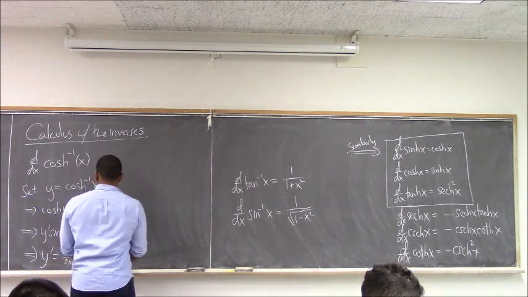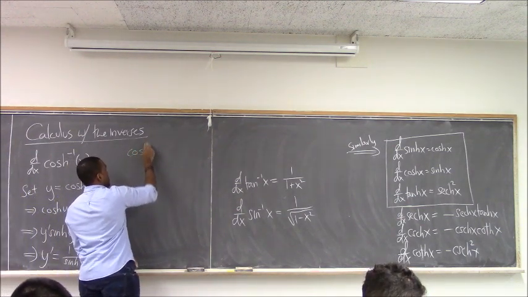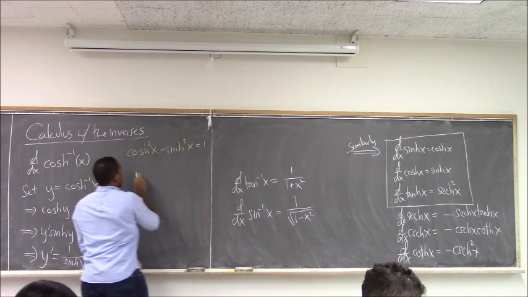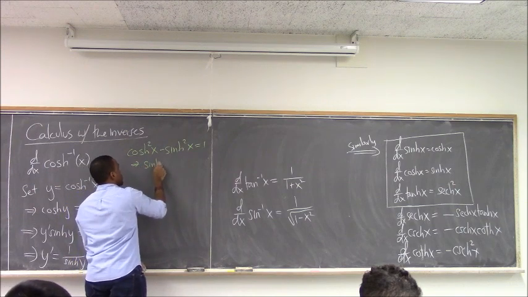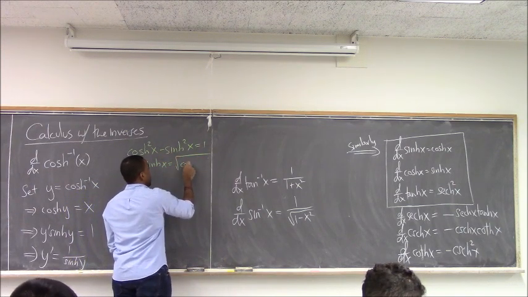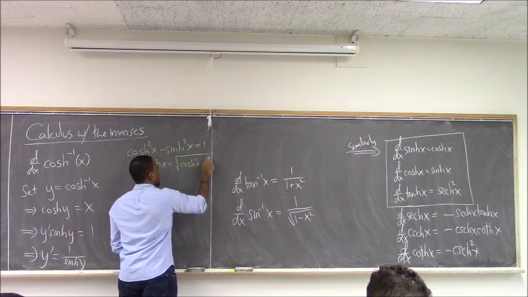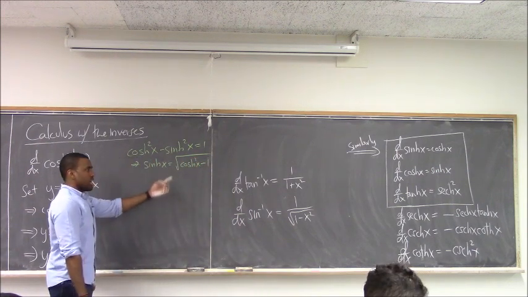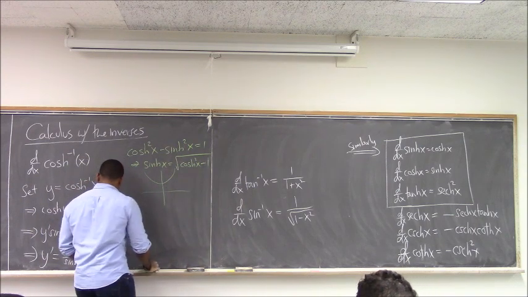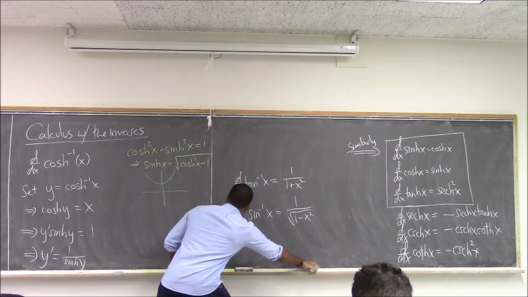Now you remember, of course you remember, because you just did it. Cosh squared minus sinh squared is 1, which means that your sinh is going to be the square root of cosh squared minus 1. You ignore the negative, like I said, because for the inverse of cosh, you actually ignore the negative side.